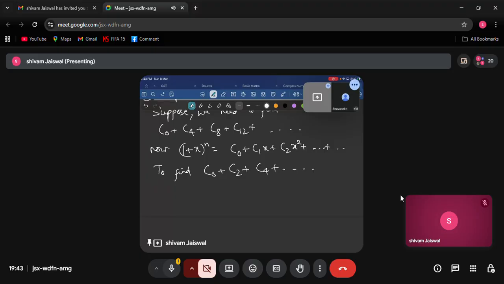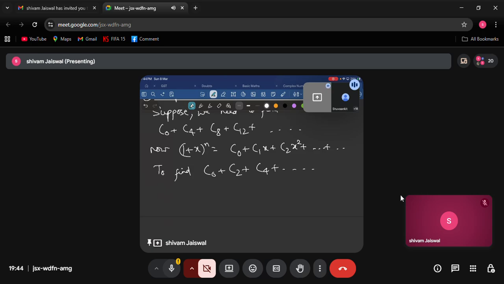There is a gap of 1, right? That means all the odd number terms should get cancelled, all the alternate terms. That means x, x cube, x to the power 5, x to the power 7, all these terms should get cancelled, right?